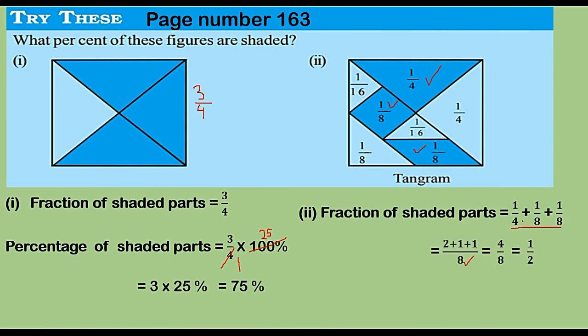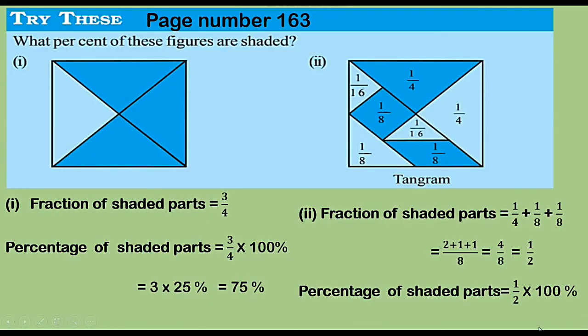So, 4 times 2 is 8, so 1 times 2 is 2. 8 denominator, here also 8 denominator, so numerator also remains the same. If I add these three fractions, 1 upon 4, 1 upon 8 and 1 upon 8, I get 1 upon 2.